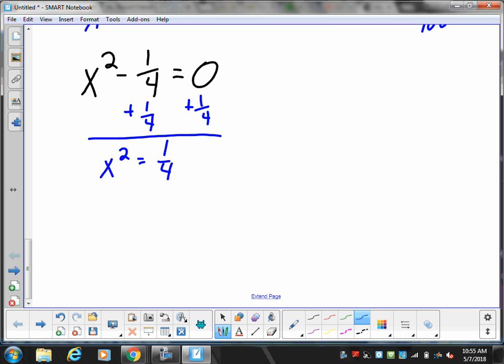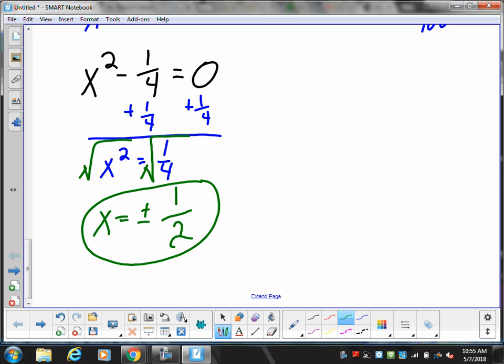Yeah, go ahead and take the square root. So x equals plus or minus, what's the square root of 1? 1. What's the square root of 4? There you go. x equals plus or minus 1/2.